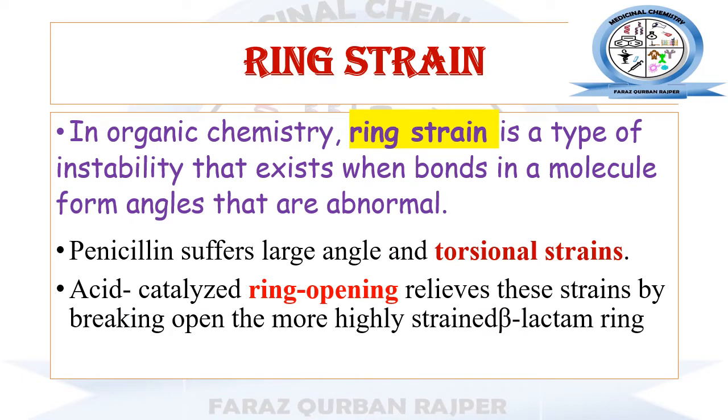First of all, let's consider the ring strain. Ring strain is basically a type of instability. We know that molecules are formed by bond formation, and bonds have different stable angles, meaning for stable bond formation there must be a suitable angle between the atoms.